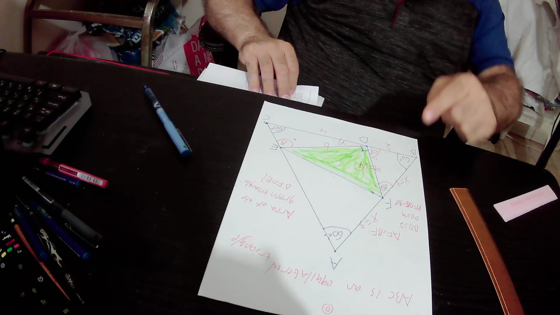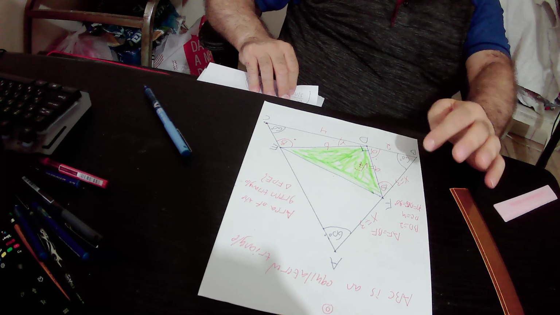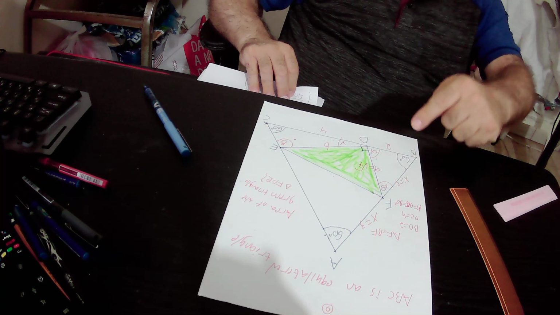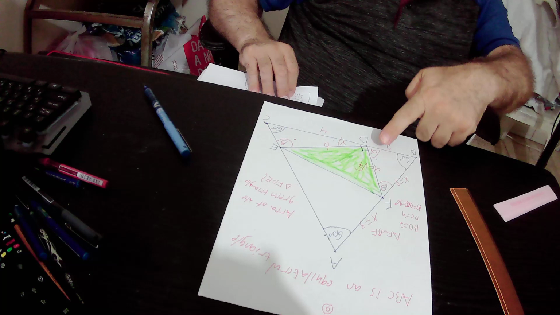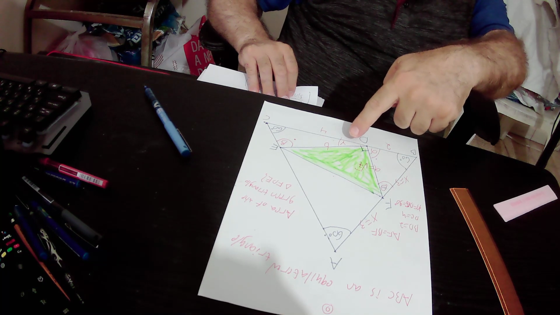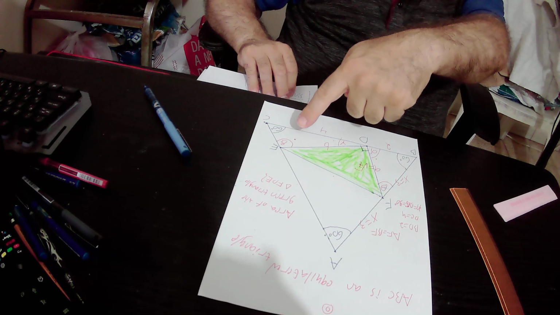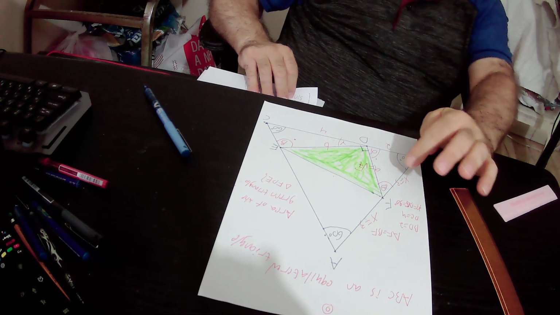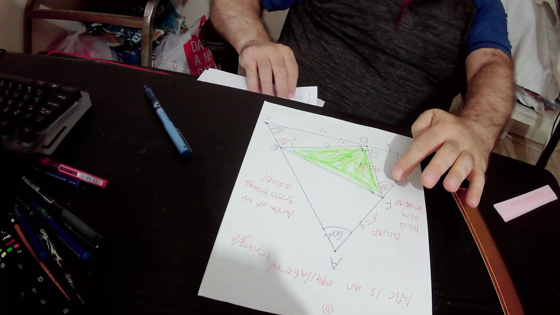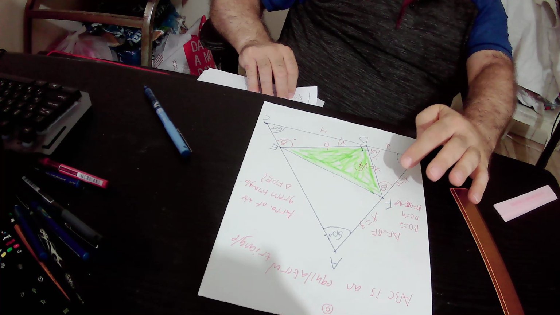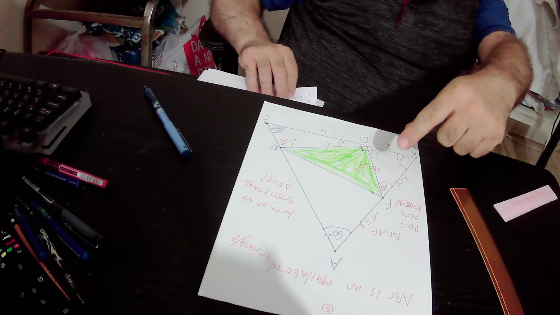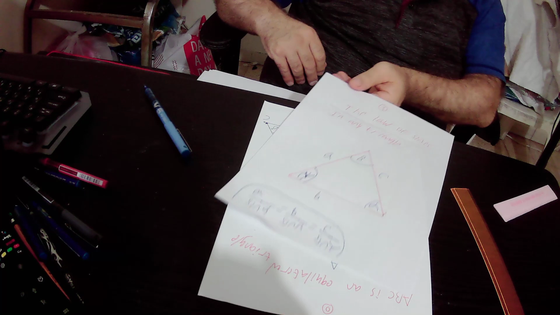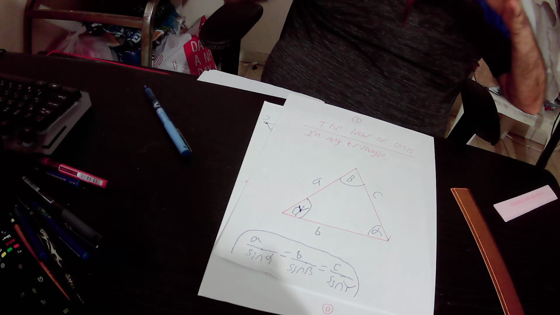Then we defined angle BFD as theta, angle BDF as alpha, angle EDC as gamma, and angle DEC as beta. And in order to find the value of sine theta, we implemented the law of sines in the small triangle FBD. What is the law of sines? The law of sines, first of all, applies to any triangle.